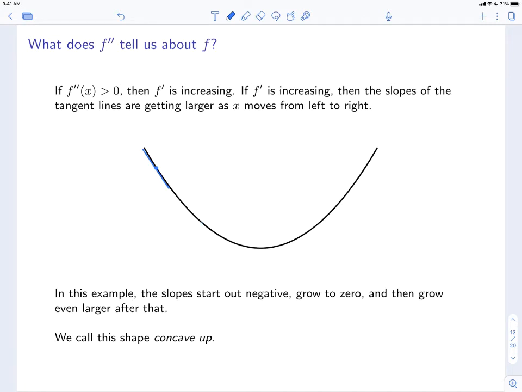As you move right, the slope is still negative, but it's not as steep. Once you get to this local minimum, the slope is 0. After that, as you move to the right, you have a positive slope, and as you move further right, the slopes get steeper. This means that f prime is increasing. We call a shape that looks like this concave up.